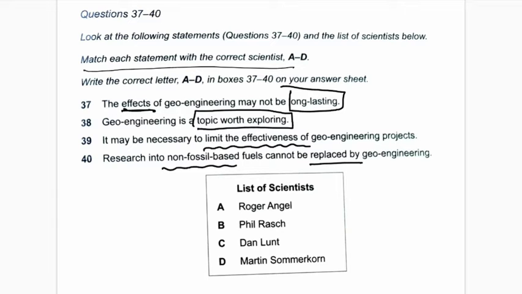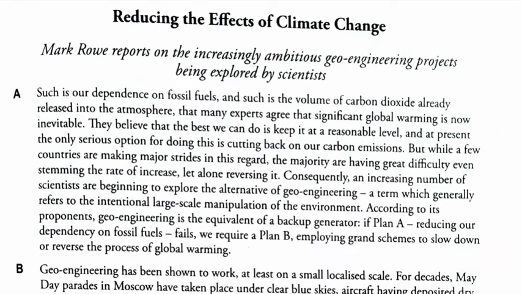So now let's try to focus on the paragraphs. Let us start with the first paragraph. Such is our dependence on fossil fuels, and such is the volume of carbon dioxide already released into the atmosphere, that many experts agree that significant global warming is now inevitable.